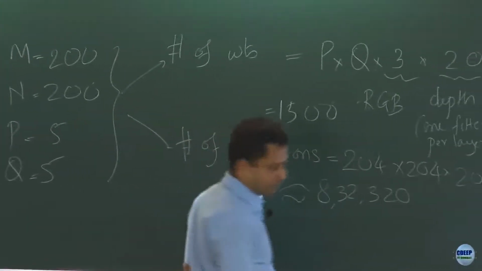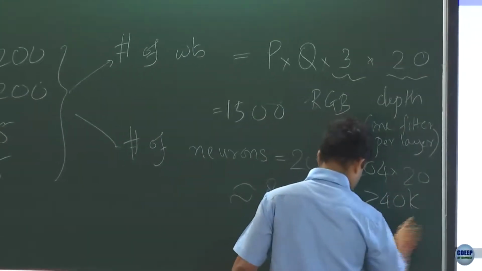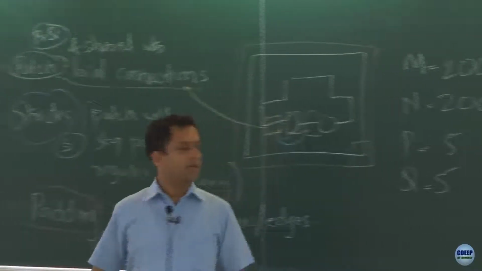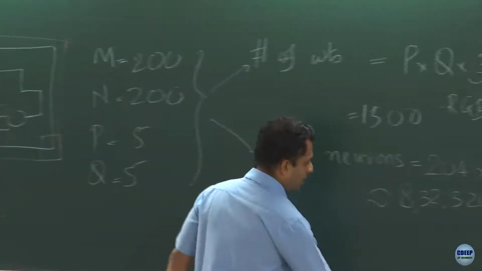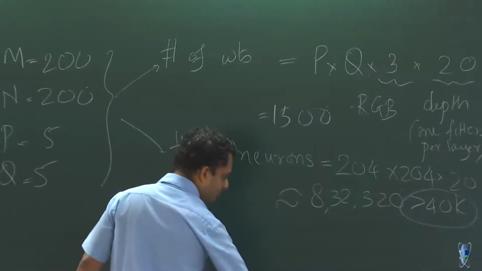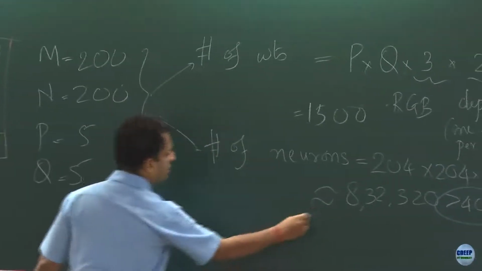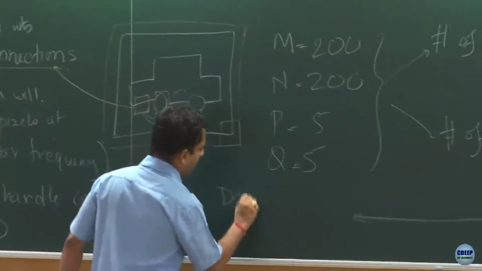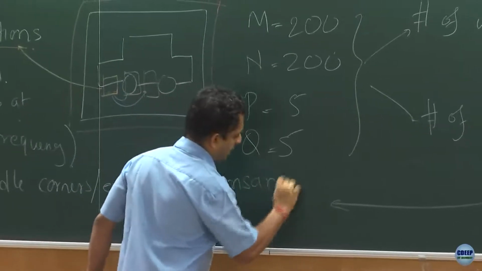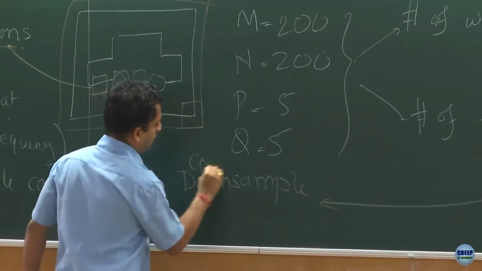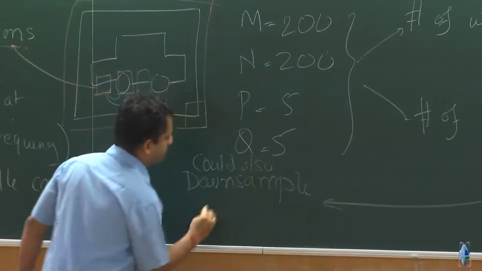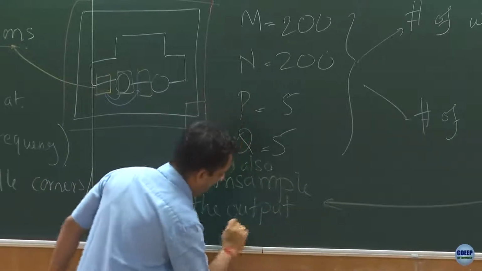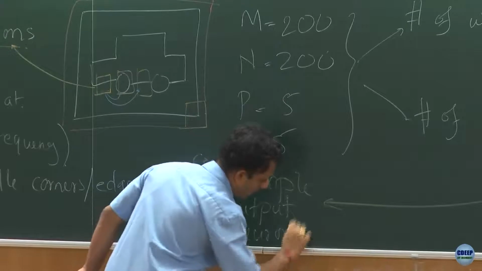Can I make it comparable? 40K was what you got with a fully connected layer. So to solve this, you can do further downsampling. Could also downsample the output neurons.